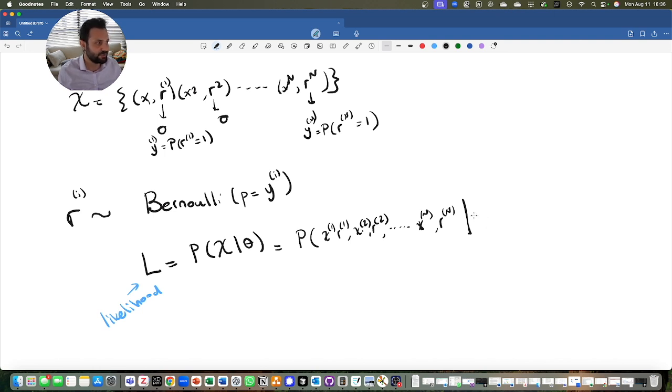So it's actually conditioned on the probabilities y1, y2, y3, and so on. Since these probabilities are coming from the x's, the only thing that changes is this horrible theta here, the model parameter.